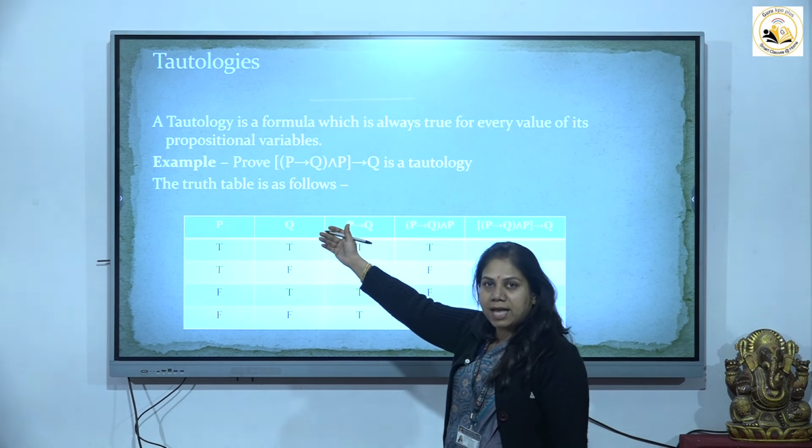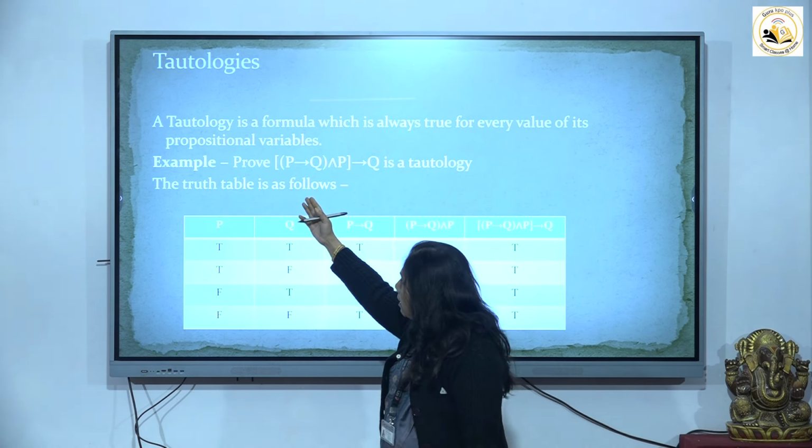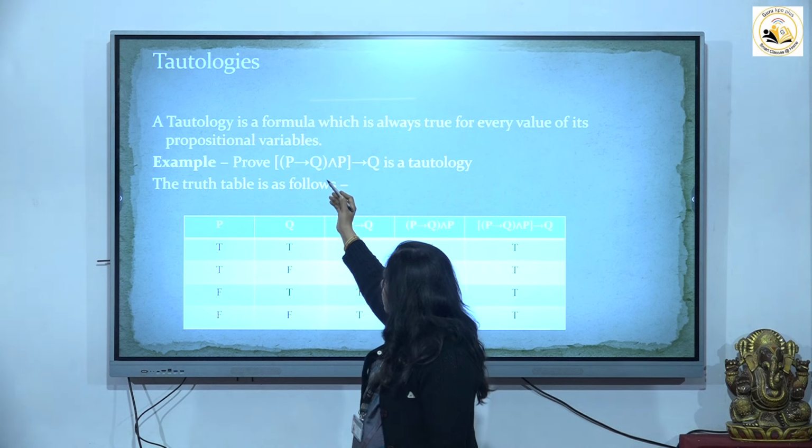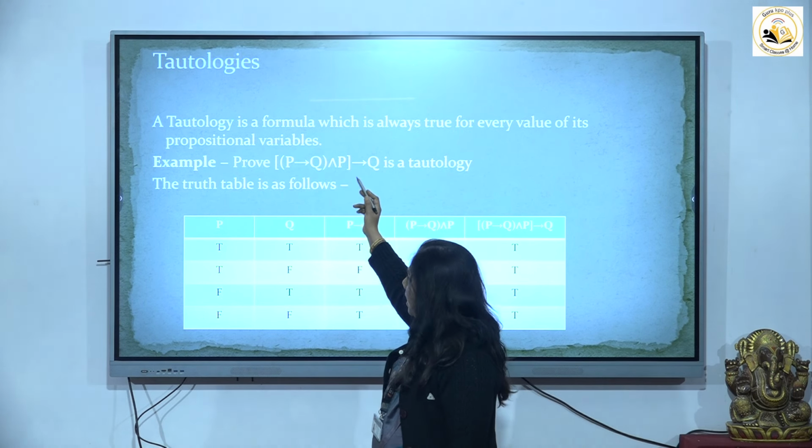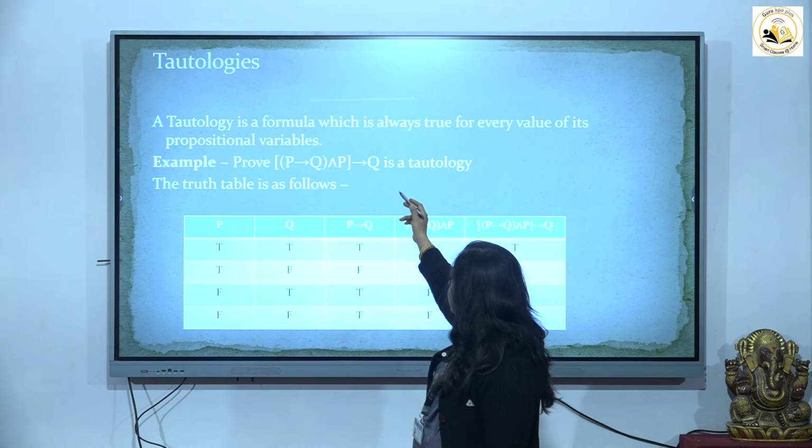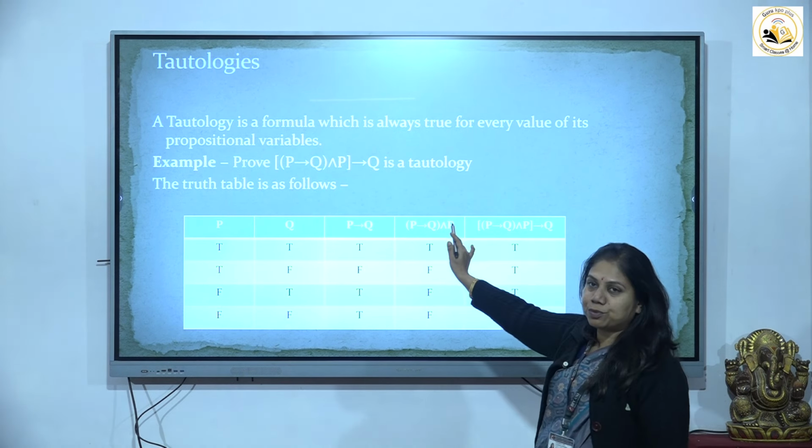I take an example here. Let P and P implies Q implies Q be a tautology. We have to prove it.